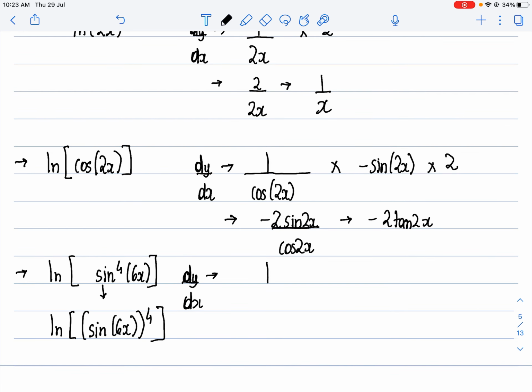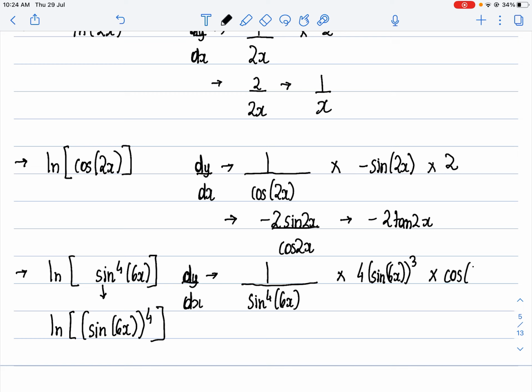So I can write this as 1 over the function which I have inside the bracket, which is sine raised to 4 6x, multiplied by the next bracket, so I have 4 with sine 6x raised to 4 minus 1, which is 3, multiplied by the differentiation of the next bracket, the differentiation of sine, which is cos.